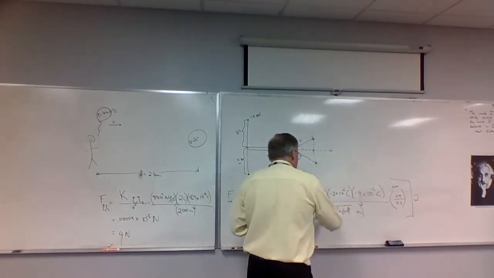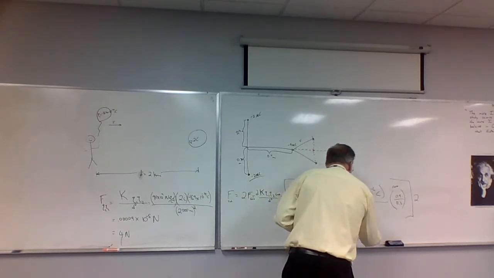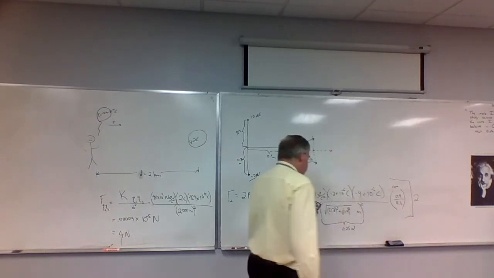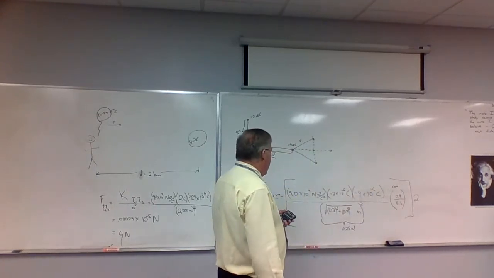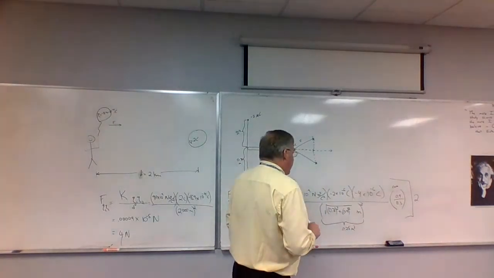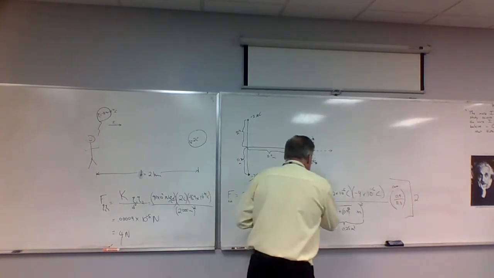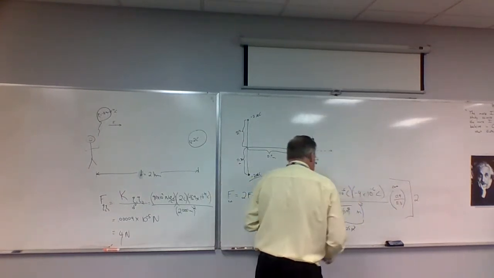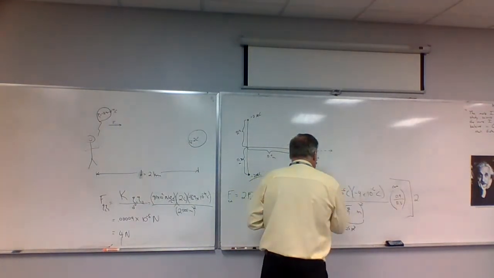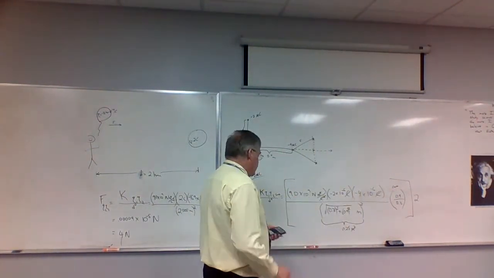And then 0.5 squared is 0.25. So this, in the denominator, becomes 0.25 meters squared. And this in the numerator we can figure out now. By the way, these meters squared go away. These coulombs squared go away, and we're going to end up in units of newtons.